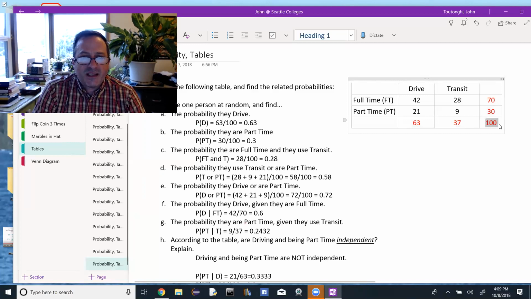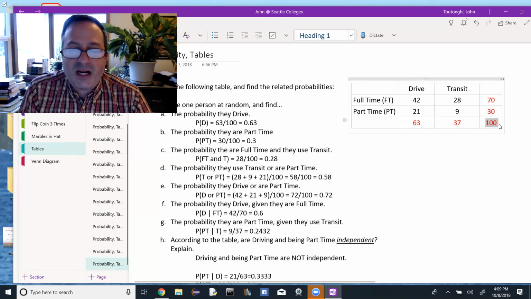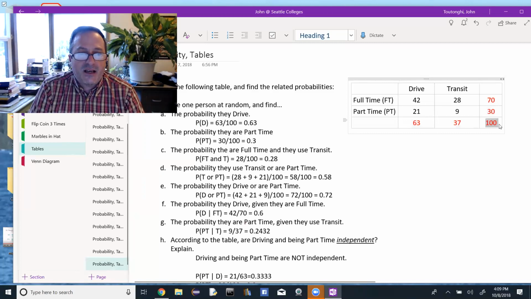When we do this on the test, I'm not 100% sure, I might have some problems where I just want the answer, and I might have some problems where I want you to give me the notation in short answer form. So if you're including the notation, then that's usually 1 point, and the answers are usually worth 1 or 2 points depending on how involved they are.